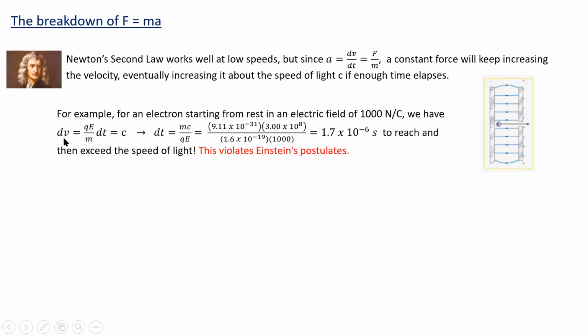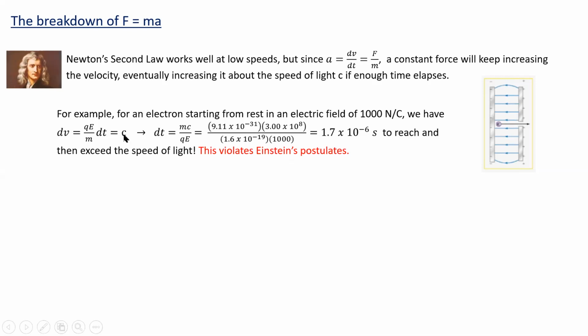dv is equal to F over m dt. That's solving for dv here. But for a charged particle, F is qE, so we'd have qE over m dt. Since the particle starts from rest, we're interested in when the change in velocity would be equal to the speed of light.